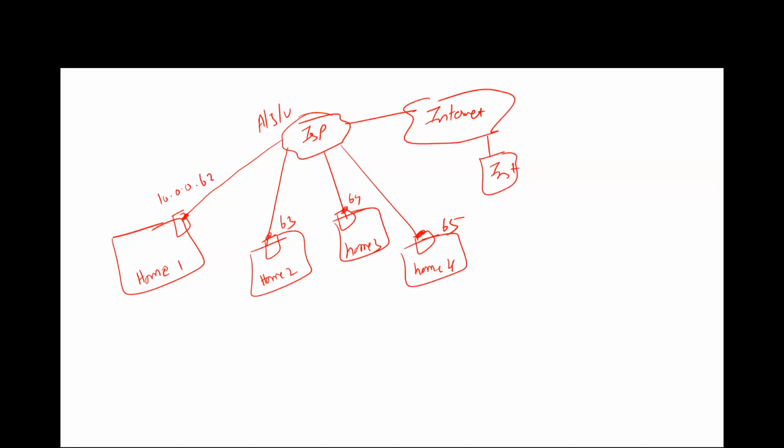So with a private IP address as a source, obviously you will not be able to directly speak to the Instagram server. So this private IP address has to be converted into a public IP address. Is that correct? So who does this conversion? Where exactly is this conversion happening?